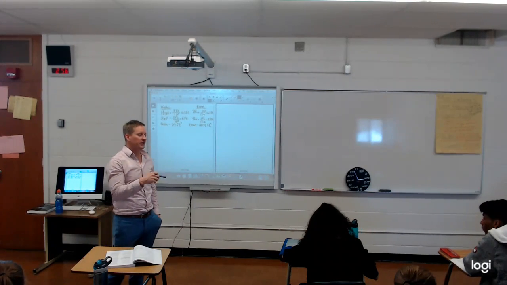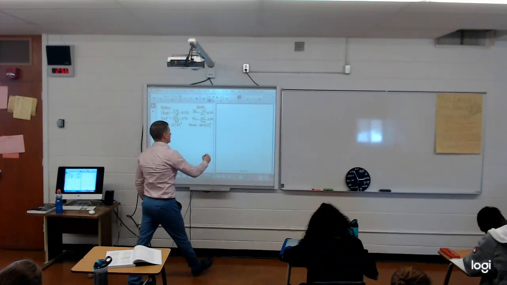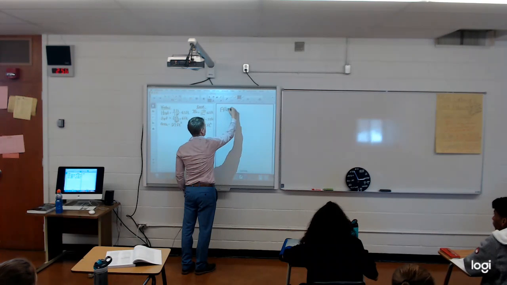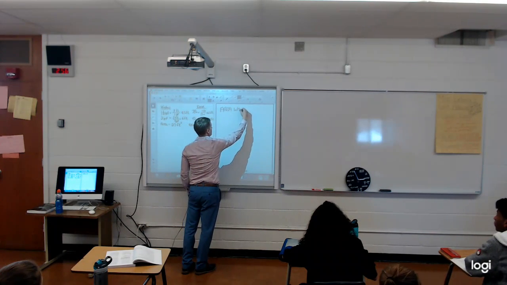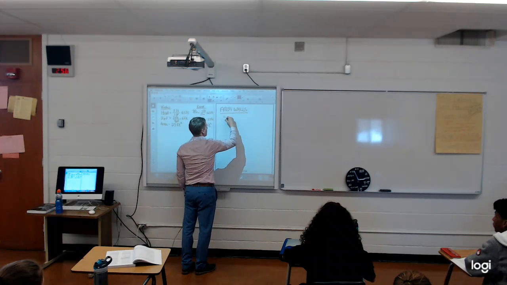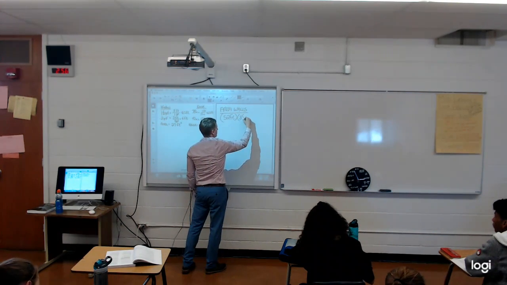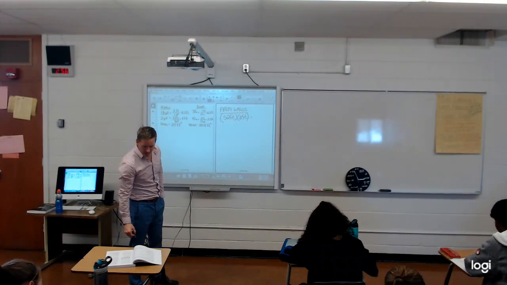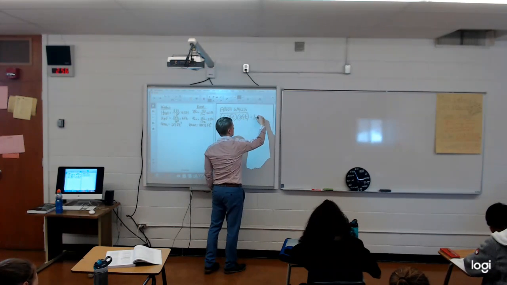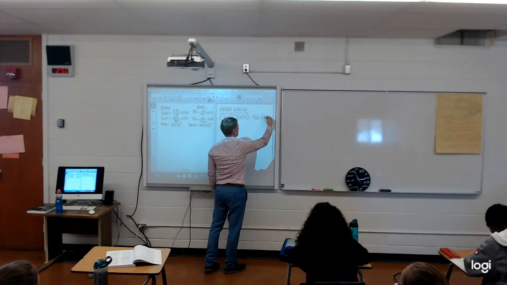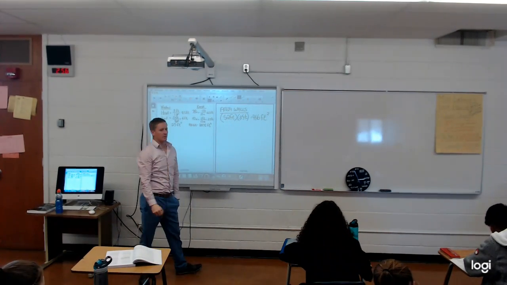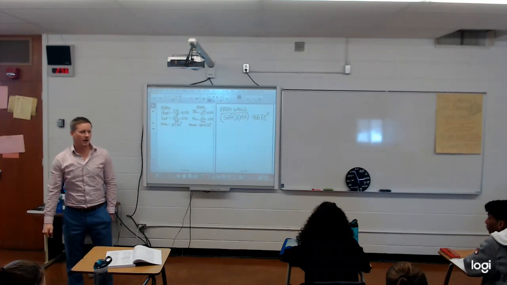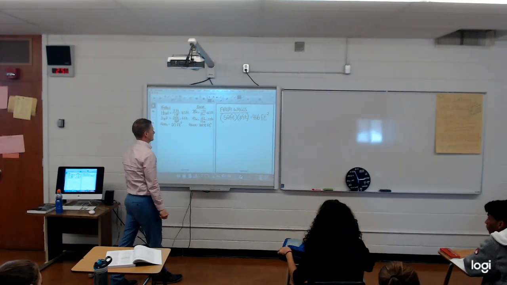So if I take 52 and times it by 8, the area of the walls is the perimeter of the room times the height of the room. Gives me 416 square feet.